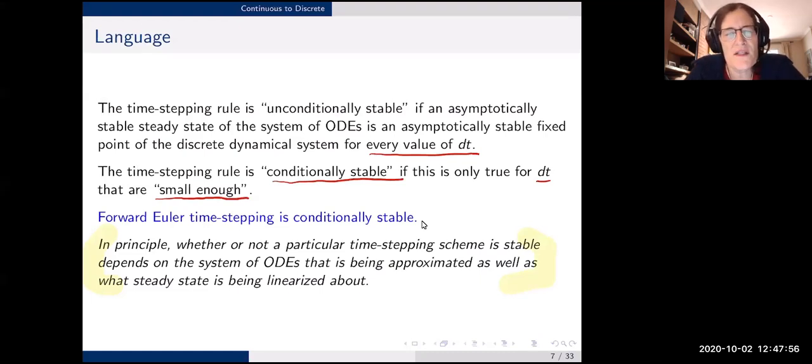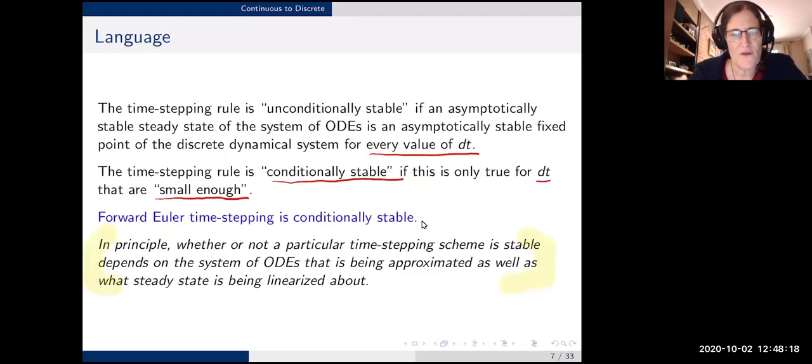So it's possible that you could have a scheme which is unconditionally stable for one problem, and the exact same scheme might be conditionally stable for a different problem. This is the take-home message of today's presentation. If this is all that you get, then I'm happy. I hope you get more.